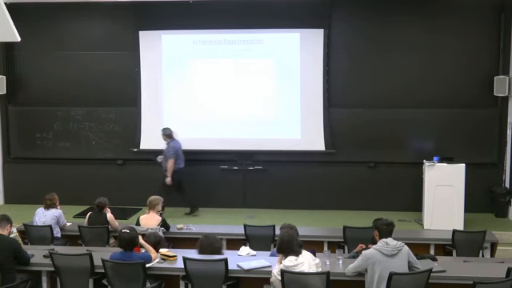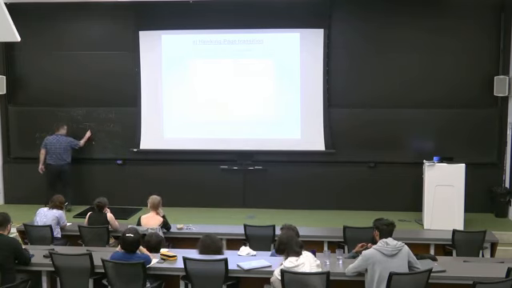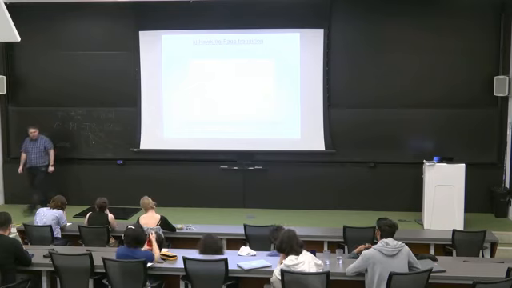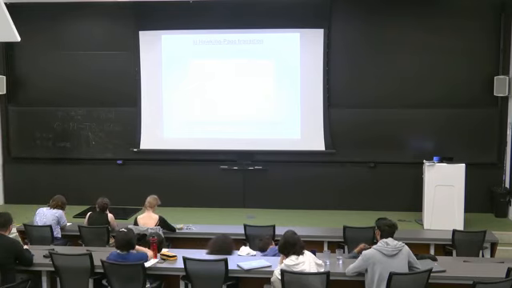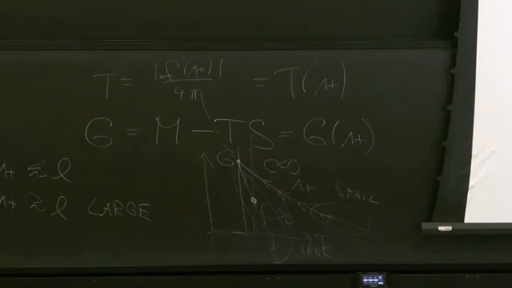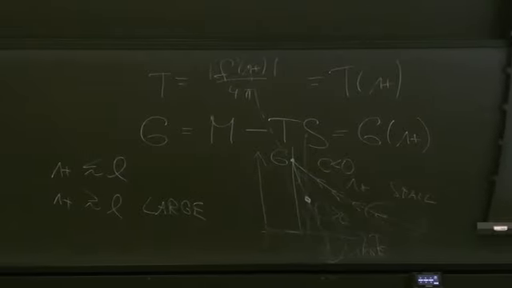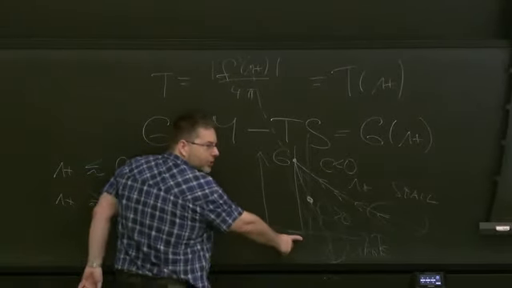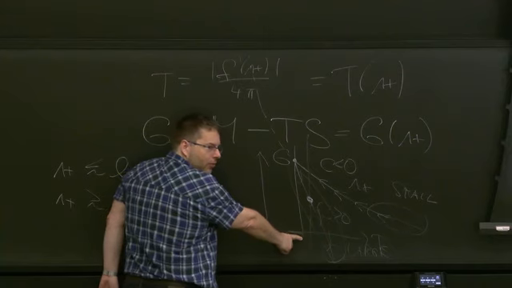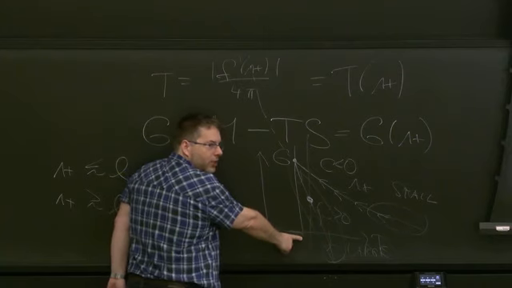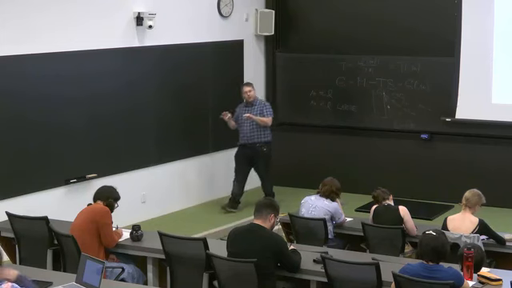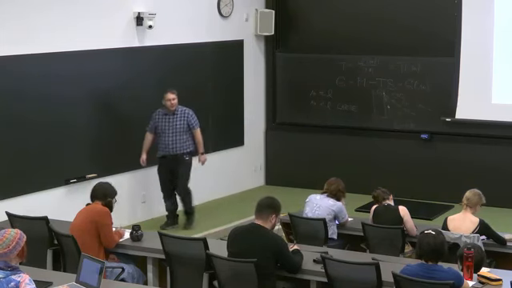Now you see that for temperatures smaller than this cusp here, you cannot have a black hole. I don't have a curve there for a black hole. So black holes do not exist in AdS for very, very small temperatures, below that. What can exist there, however, is the radiation. You can fill your AdS space with radiation.